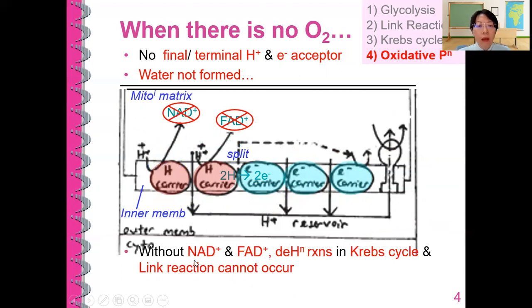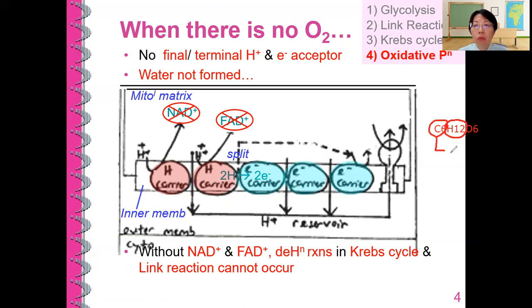Here, without NAD+ and FAD+, all the dehydrogenation reactions in the Krebs cycle and the link reaction cannot occur. Now, you already know by now that every time we want to oxidize an organic molecule by respiration, for example C6H12O6, respiration is always about removal of carbon as well as removal of hydrogen, right?